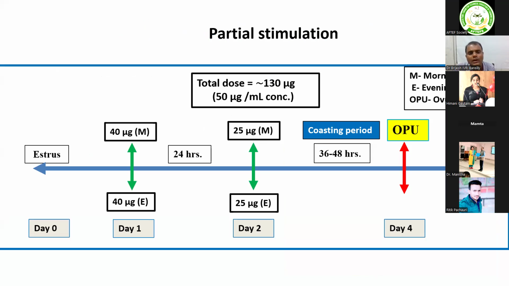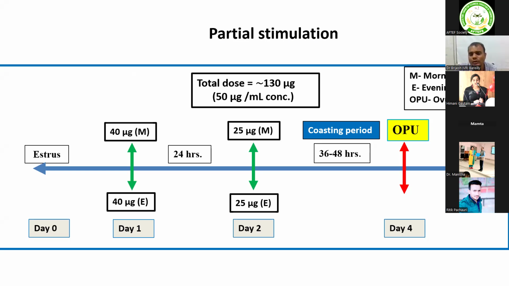So the program we are following in case of cattle is 40 milligram, with a 40 hour coasting period. We have already stopped stimulation of our indigenous cattle, especially Sahiwal and Tharparkar.